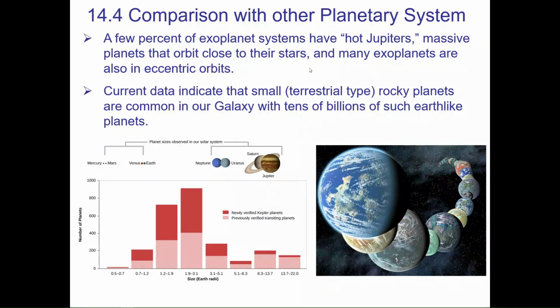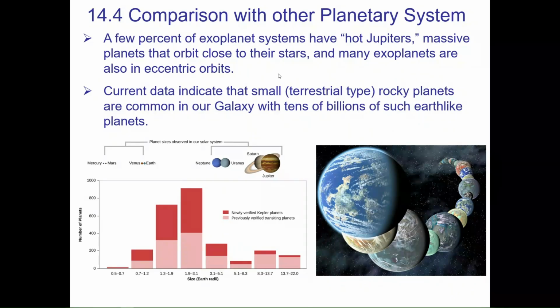Also, some exoplanets are in eccentric orbits, unlike what we have in the solar system. So you can see when you look at other star systems, some of them look quite different from our solar system.